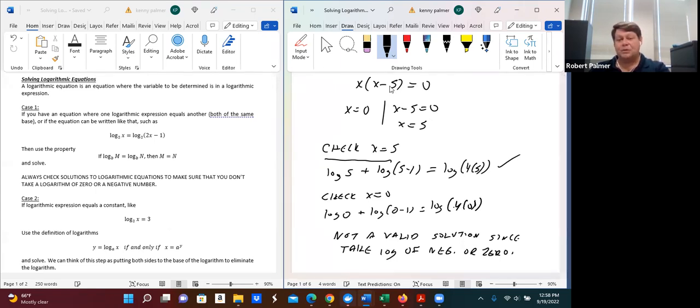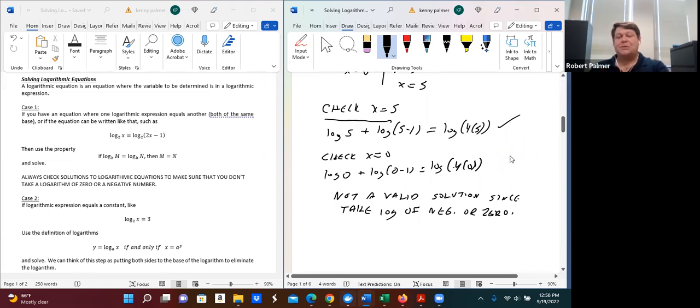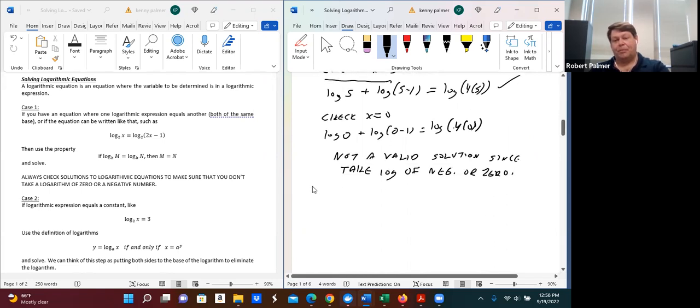Okay. Now it is, of course, a solution to this, but it's not a solution to the original equation. Of course, the original equation is what we care about. Okay. That's also an example where we can use the properties of logarithms to help us get in this particular form. Okay. Now, let's take a look at case number 2.